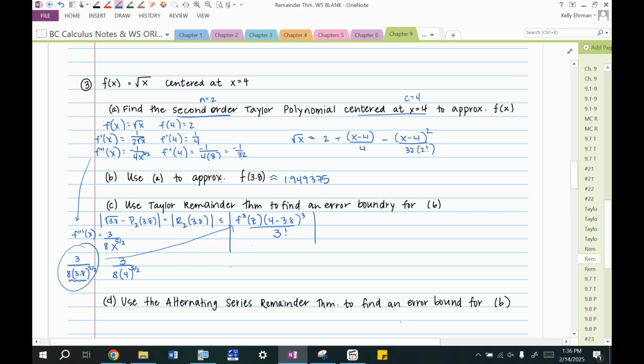So that's kind of ugly, right? 3 over 8 times 3.8 to the 5 halves, times 0.2 to the third. And don't forget about the 3 factorial that's down there. What does this come out to?